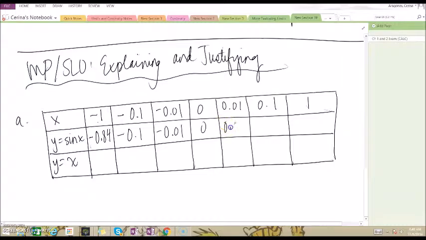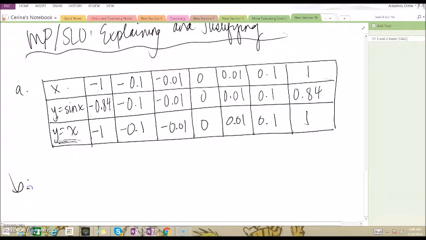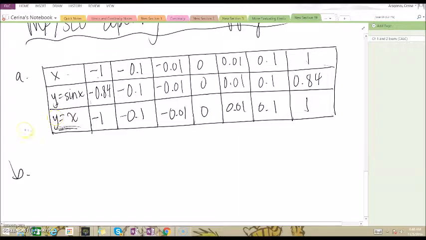So we're supposed to get all these y values for your x. Obviously, for the line y equals x, your y is equal to your x. So these were your values. Now, if you notice, your line y equals x starts looking like y equals sine of x.